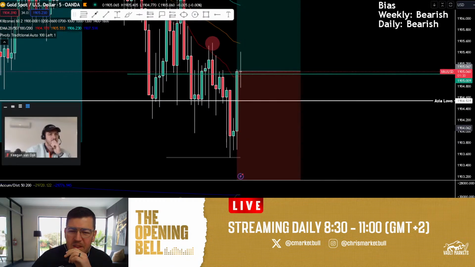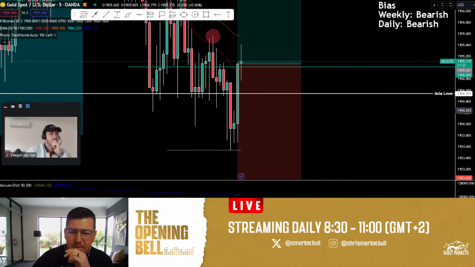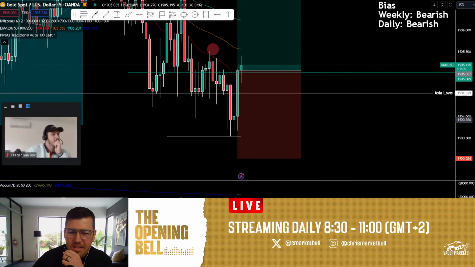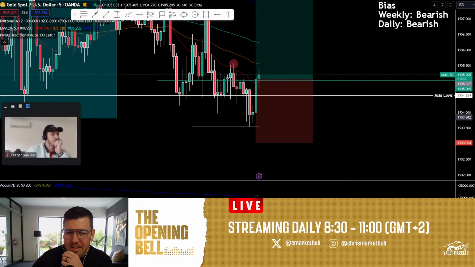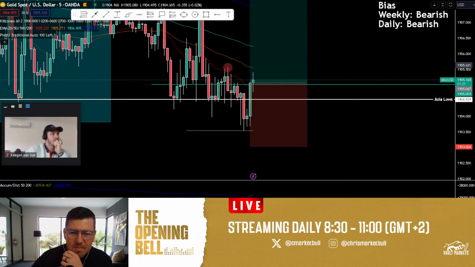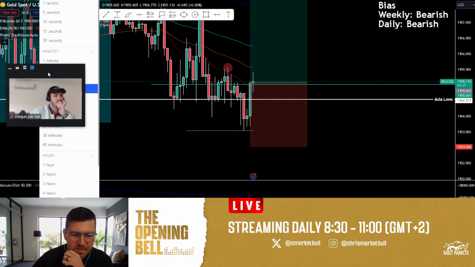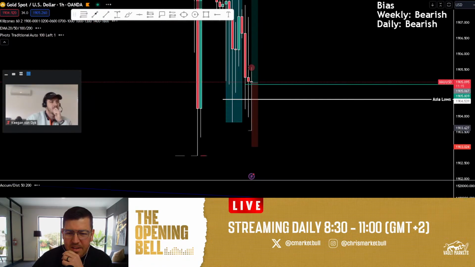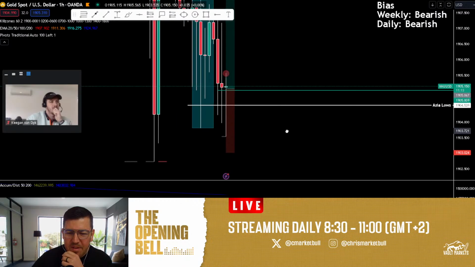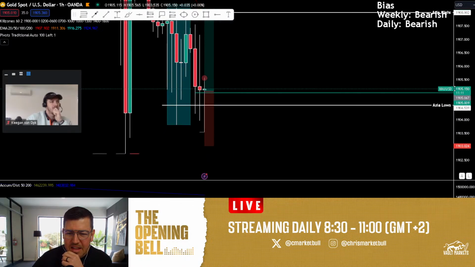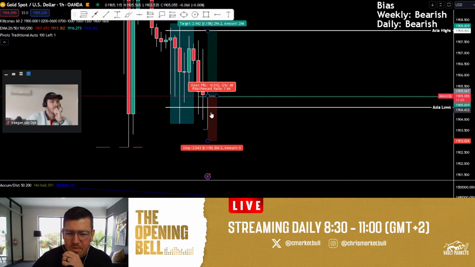The only thing is we're so close to the end of this hourly. There's 13 minutes left, so the question is, how deep is that pullback going to be on the hourly candle? That's my only concern. If you look at the hourly, firstly, we need to close bullish. And then secondly, how deep are we going to pull back on this hourly before pushing up?